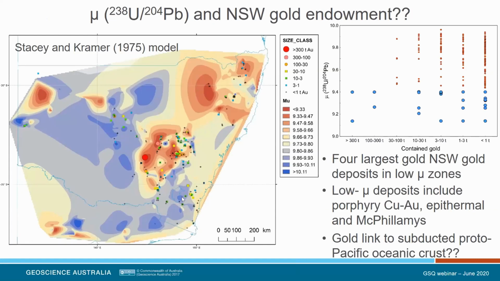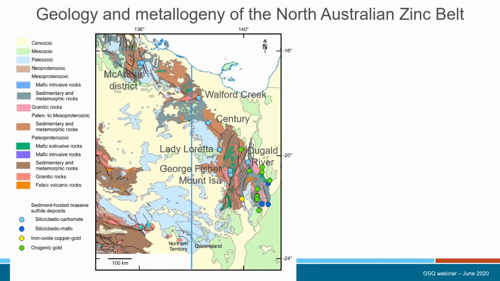Now we're going to move on to northeastern Australia, and look at the Mount Isa province in northwest Queensland and southeastern Northern Territory. We're going to look at some lead isotope variations there.